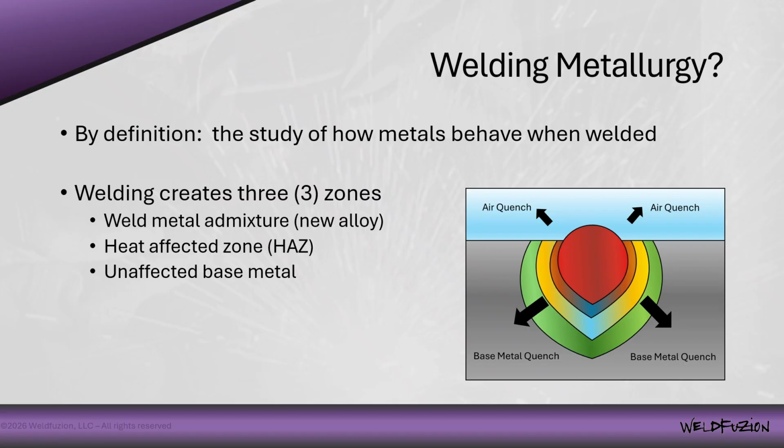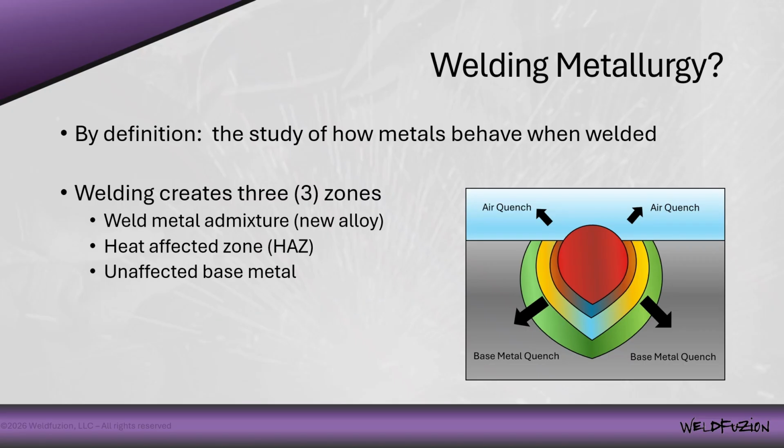Well, if we analyze the weld profile, the center of the weld represents the fully melted zone. This zone was completely liquid, and an admixture or a combination, a new alloy of base metal A plus base metal B and any filler metal used in the process come together here to form a completely new alloy for the most part.